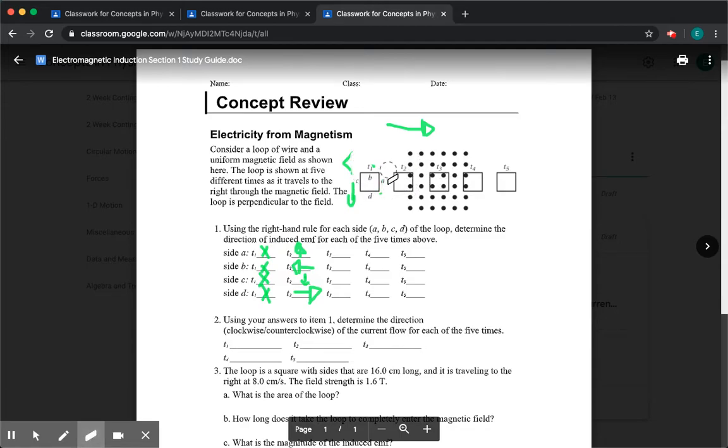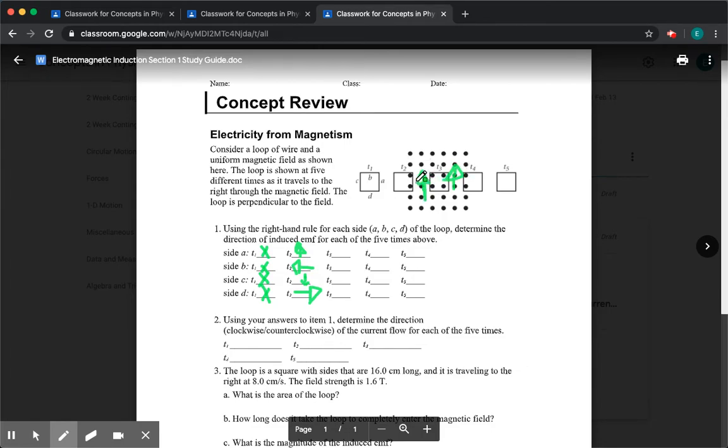What about at T3? What's happening at T3? At T3, the entire loop is inside the field now. And if the whole thing is inside the field, guess what happens? The right side, you have electrons that want to come up, and on the left side, you have electrons that want to come up.